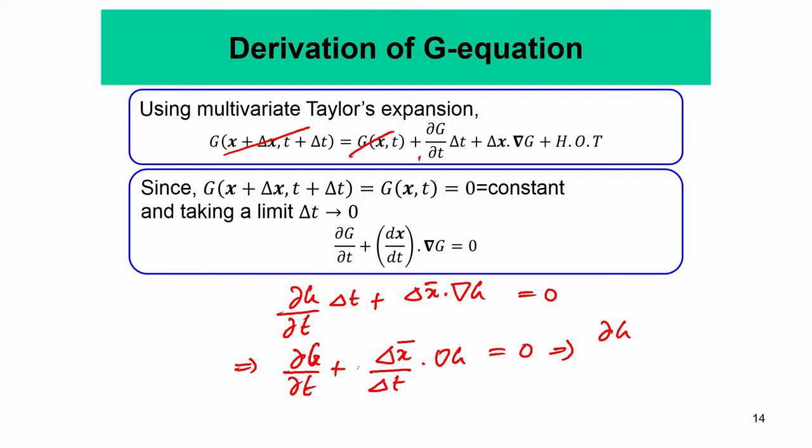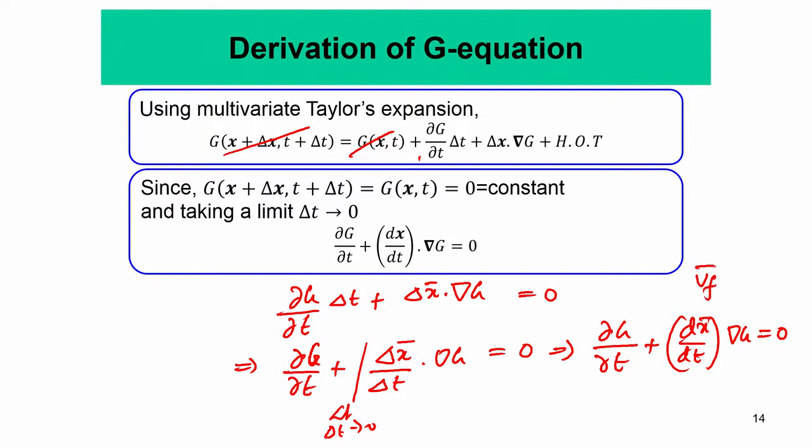And now, if we take the limit delta t tends to 0, this is equal to V_f, that is the velocity of the flame. This is not the flame speed. This is the velocity of the flame surface, or the velocity of this surface G.